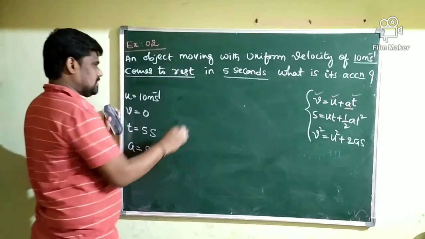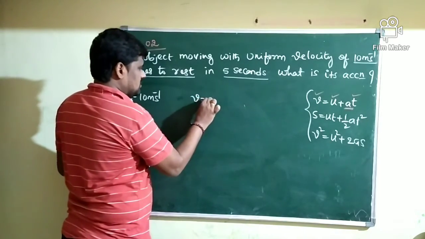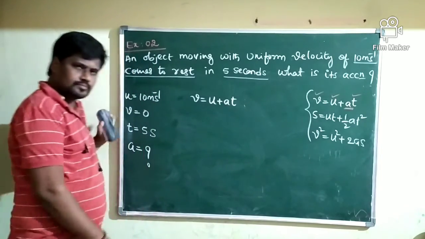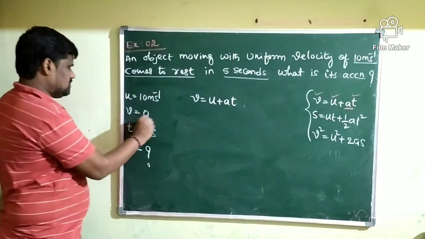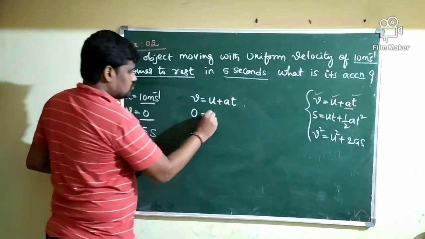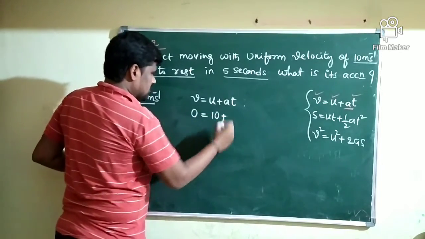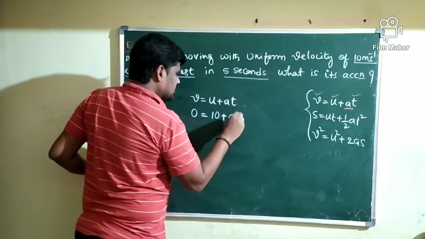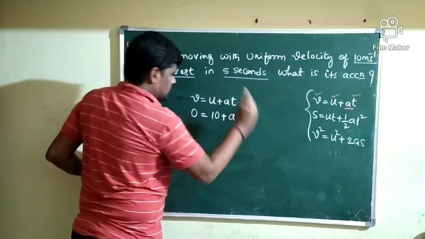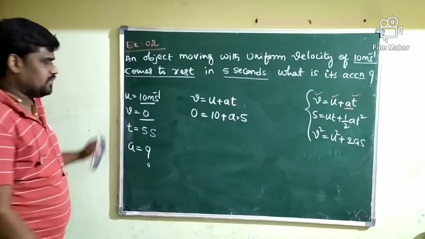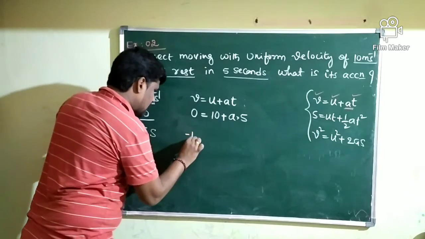Which formula are we using? The formula used here is v equals u plus at. What is v? v equals 0. What is u? u equals 10. Plus a, which we have to calculate, times t, where t equals 5. Transfer 10 to this side, and it becomes minus 10.